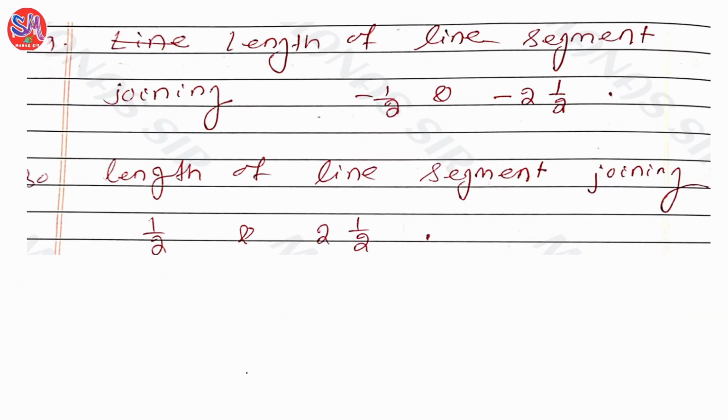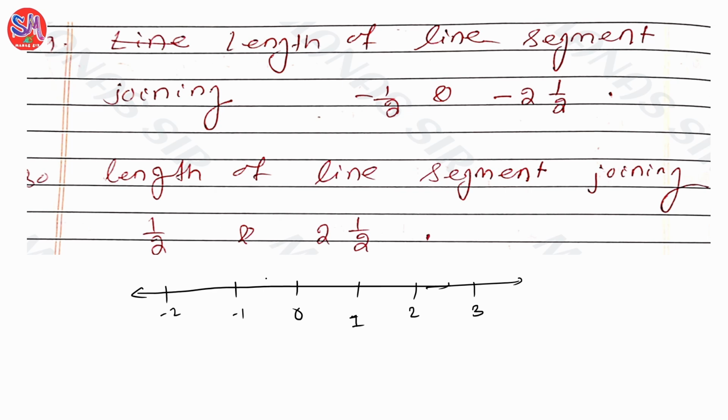Next question. Length of the line segment joining minus 1 by 2 and minus 2 whole 1 by 2. Okay. So first draw. Sorry, minus 1 by 2. Here is 0, minus 1, minus 2, then plus 1, plus 2, plus 3. Okay. Now draw minus 1 by 2.